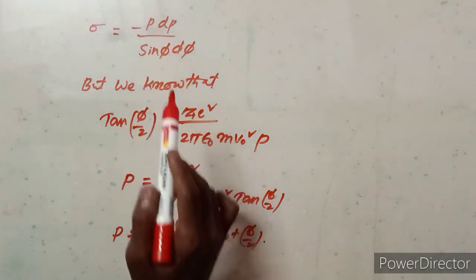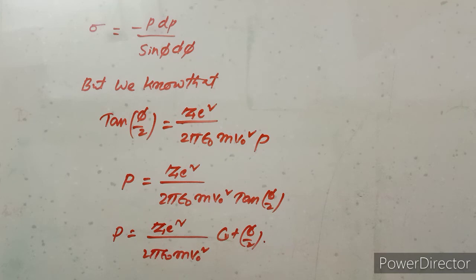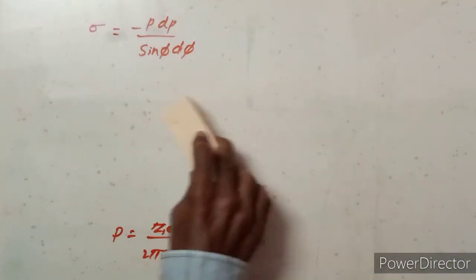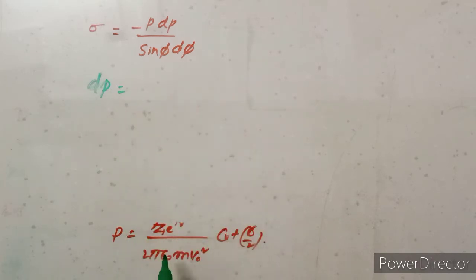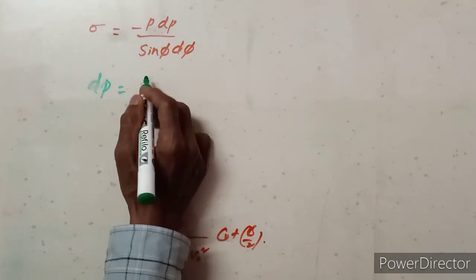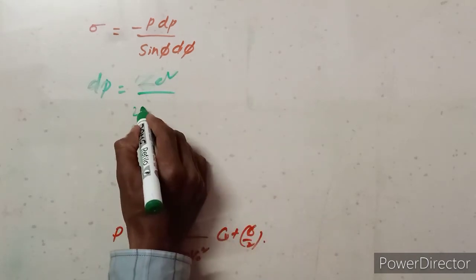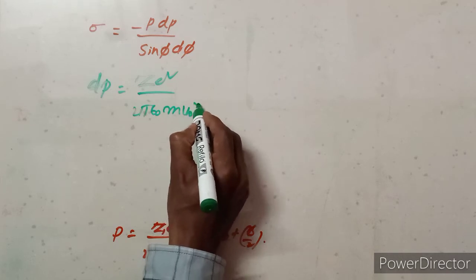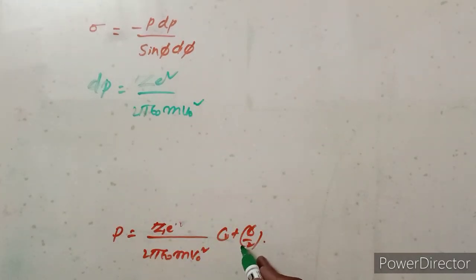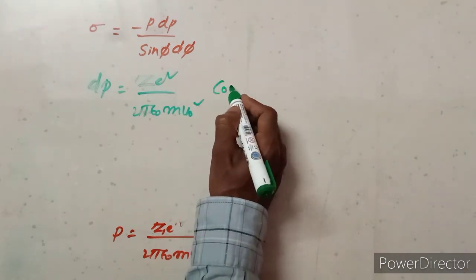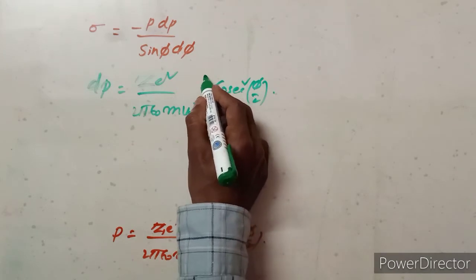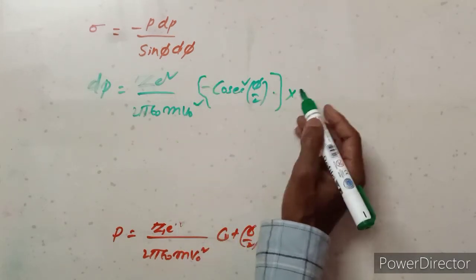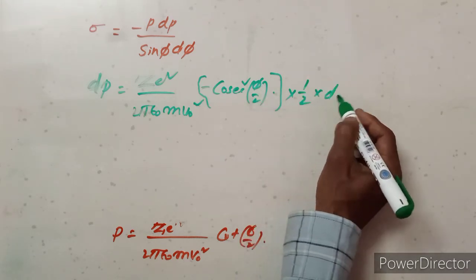Then we find dP, the derivative of the P term. dP equals Ze square upon 2 pi epsilon naught m v naught square, which is the constant, times the derivative of cot phi by 2, which equals minus cosec square phi by 2 times the inner derivative d phi.